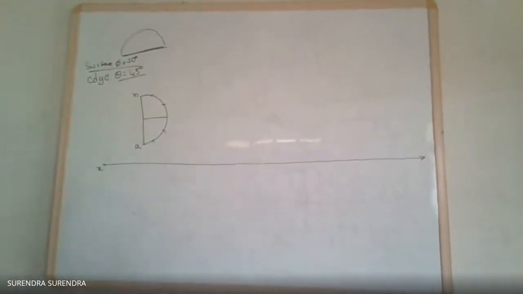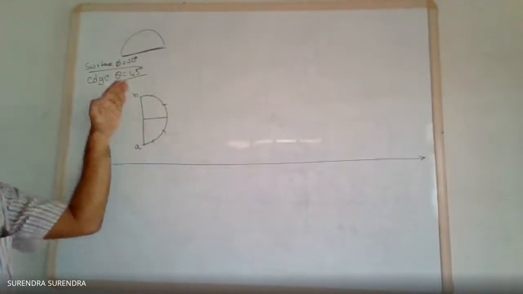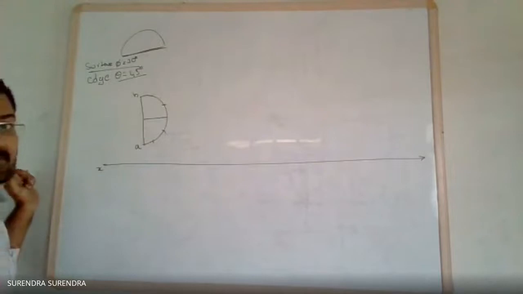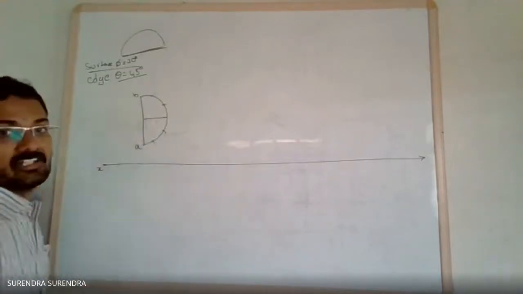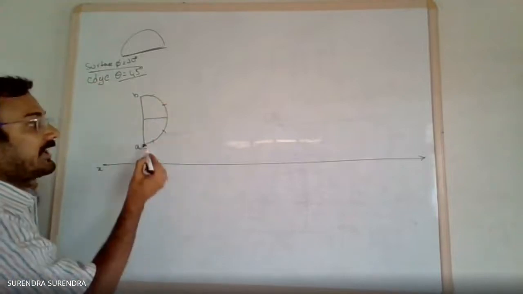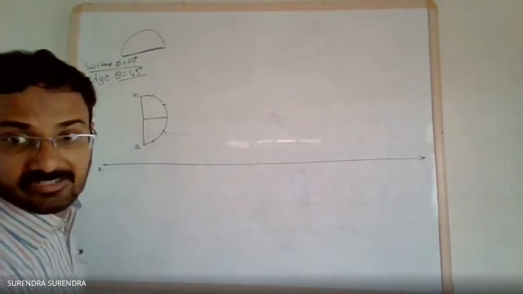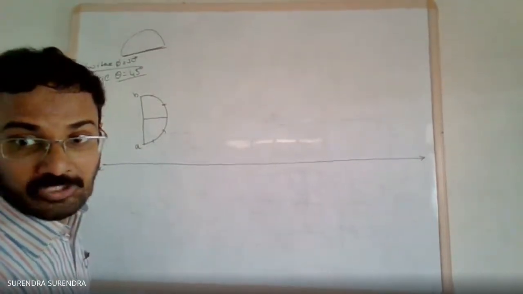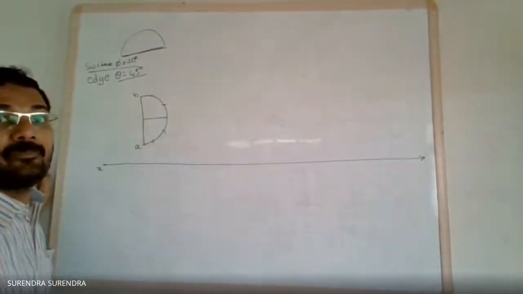First place the vertical diameter, as we are constructing the hexagon, sorry, semicircle. Next draw a horizontal diameter line which divides it into 2 parts. Now A as center, what is the radius of the semicircle? 80 mm diameter, so 40 mm radius.